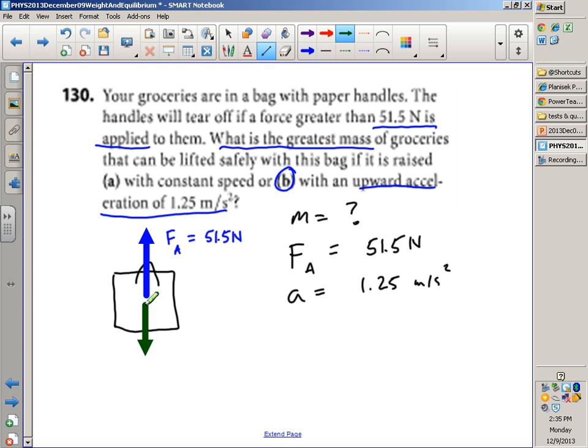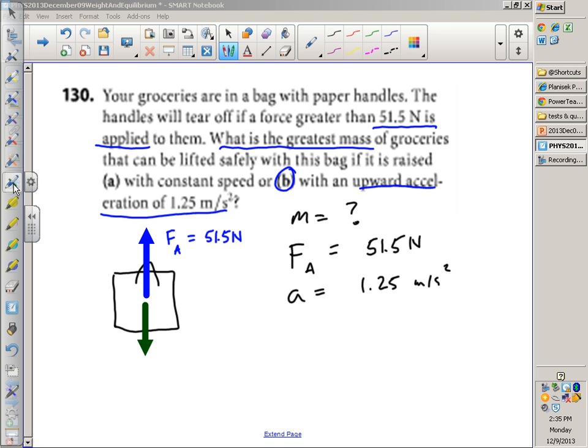Now, a couple of things. First, we just learned in the previous slide that we call the force of gravity acting on something what? Weight. So a lot of times you will see it labeled W for weight. I am not a big fan of this notation, and here's why. This is a force. It can do exactly the same thing as every other force that we may act on it.